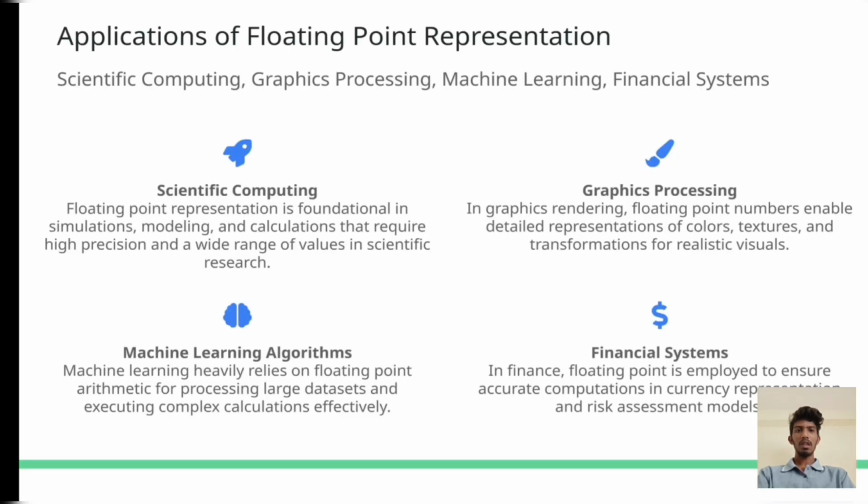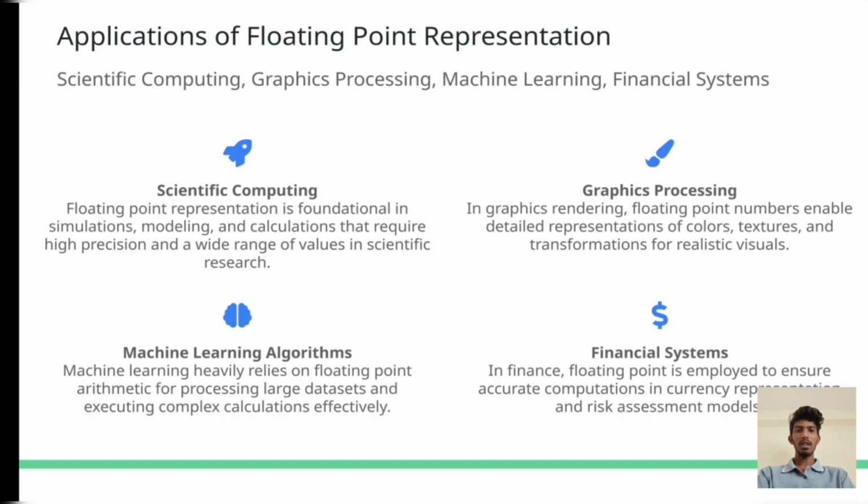Applications of floating point representation: scientific computing, graphics processing, machine learning, financial systems. Scientific computing. Floating point representation is a foundation in simulation, modeling and calculation that requires high precision and wide range of values in scientific research. Graphics processing. In graphics rendering, floating point numbers enable detailed representations of colors, textures and transformations for realistic visuals.